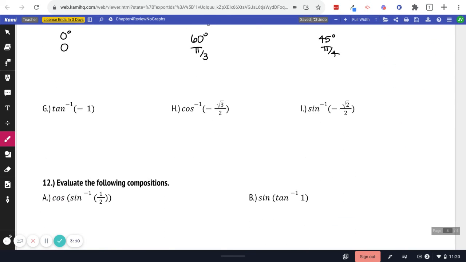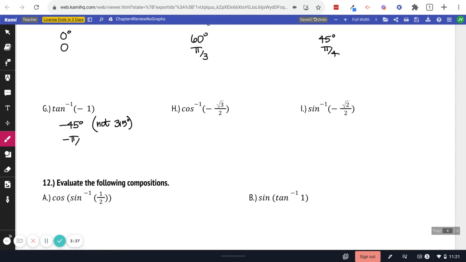Tangent inverse of negative 1 is either negative 45 degrees, don't write 315, because 315 is not in our range of answers.